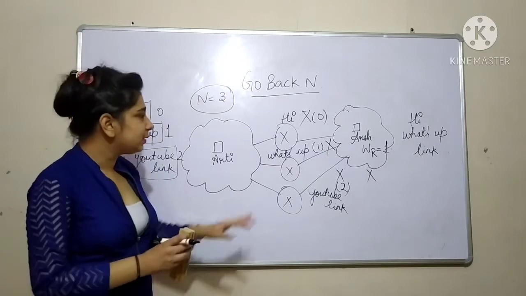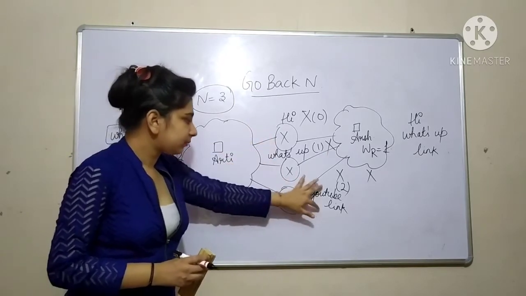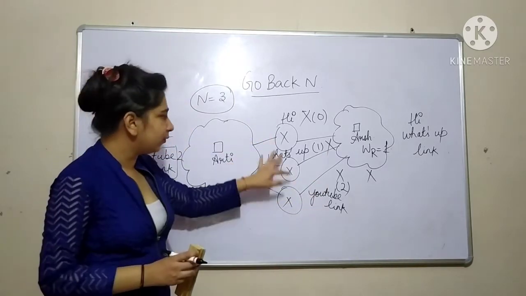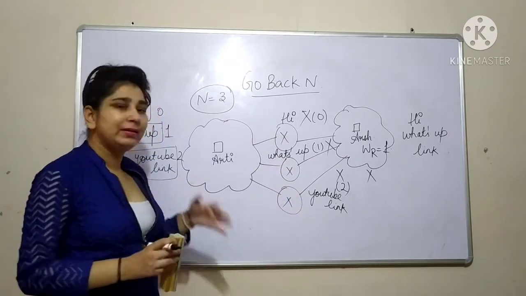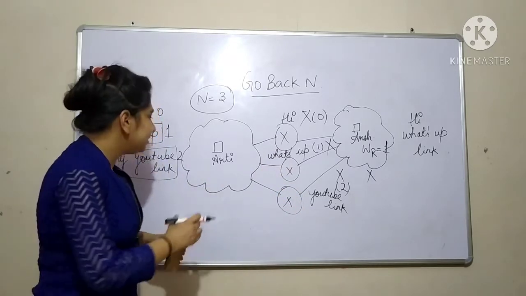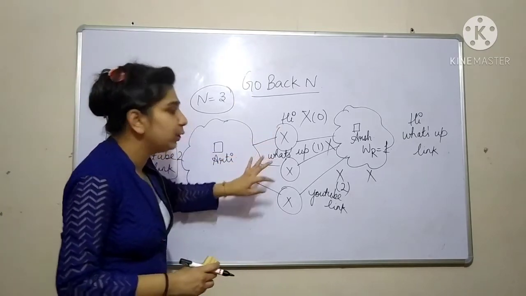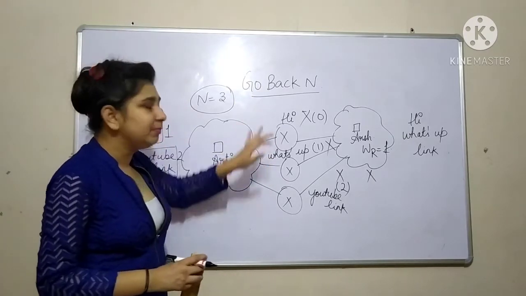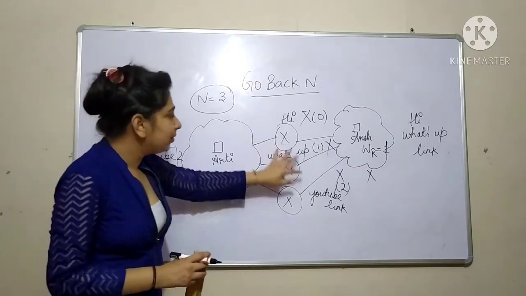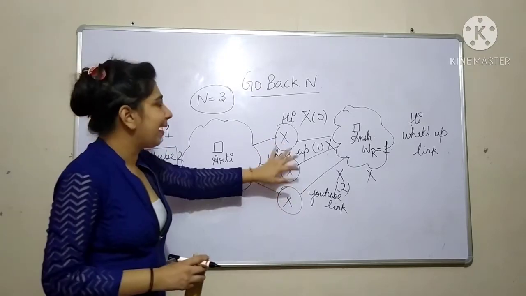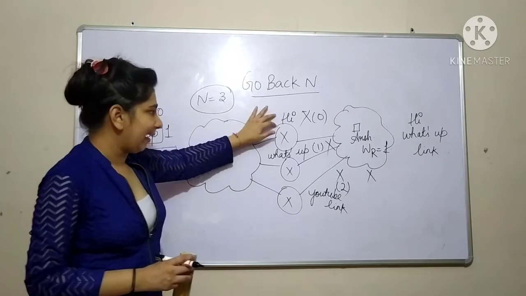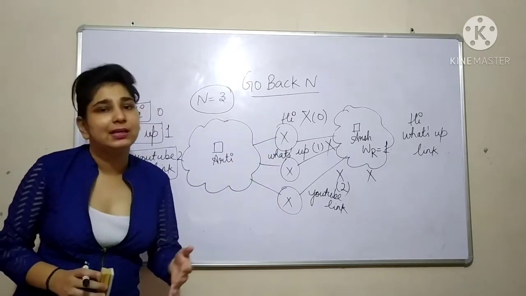Then what happens? We will not get an acknowledgement back for all these 3 packets within the timeout timer. Then the sender is going to retransmit the entire window. In Go-Back-N, if one packet is discarded, all the coming packets after that particular packet are going to be discarded.